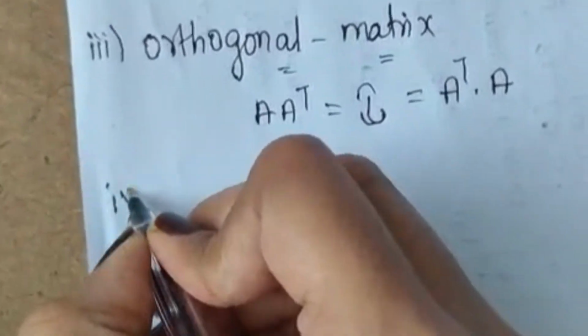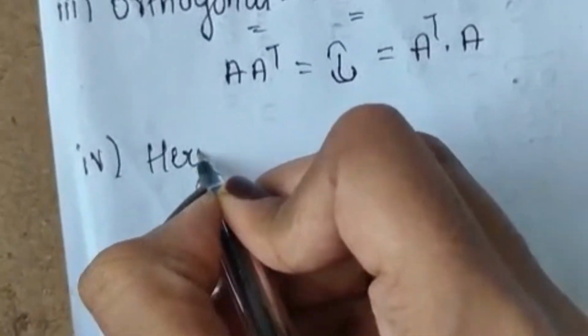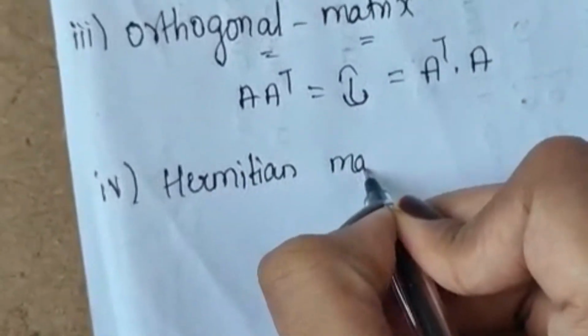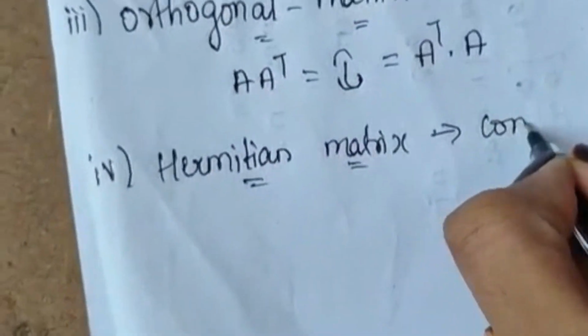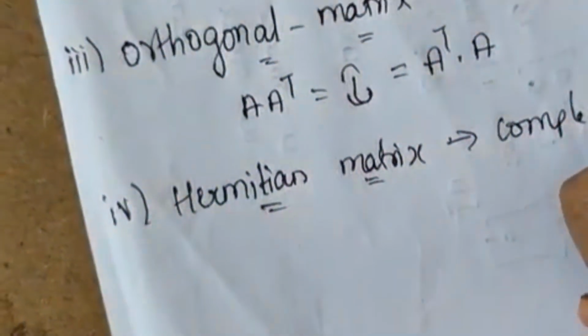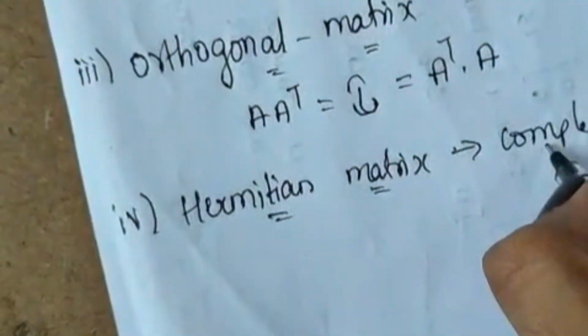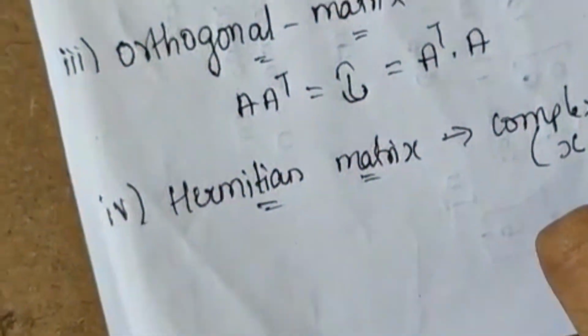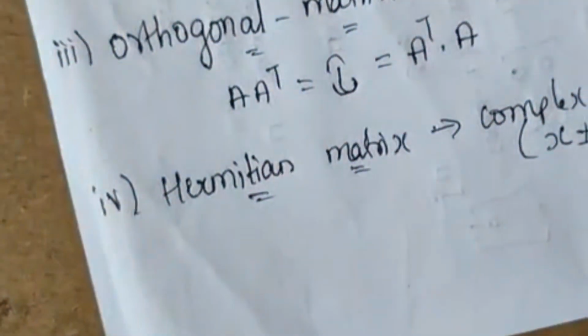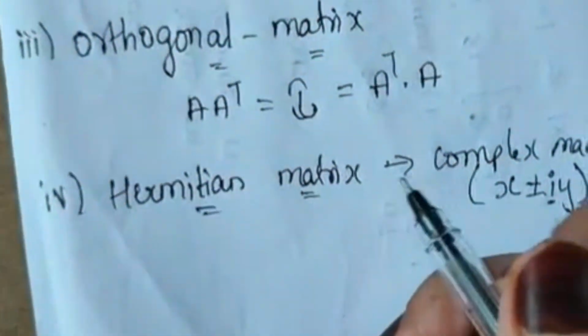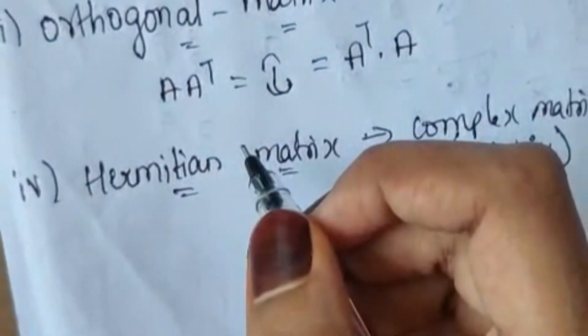Now, another type is the Hermitian matrix. A Hermitian matrix is a complex matrix. It will be in the format of x plus or minus iy, where i is the imaginary term. What is the condition of this Hermitian matrix?